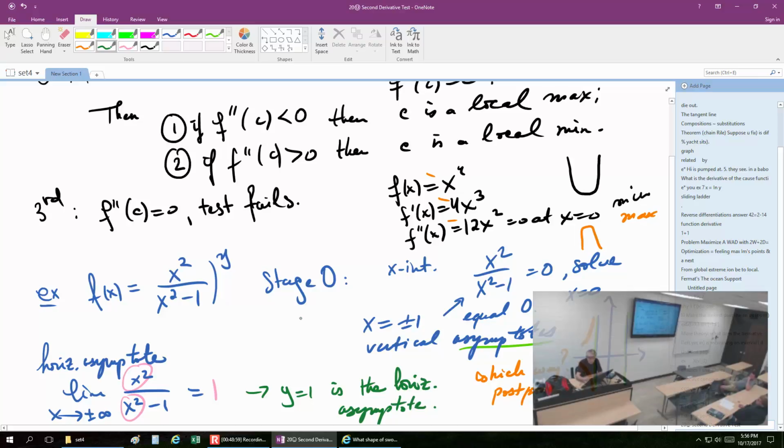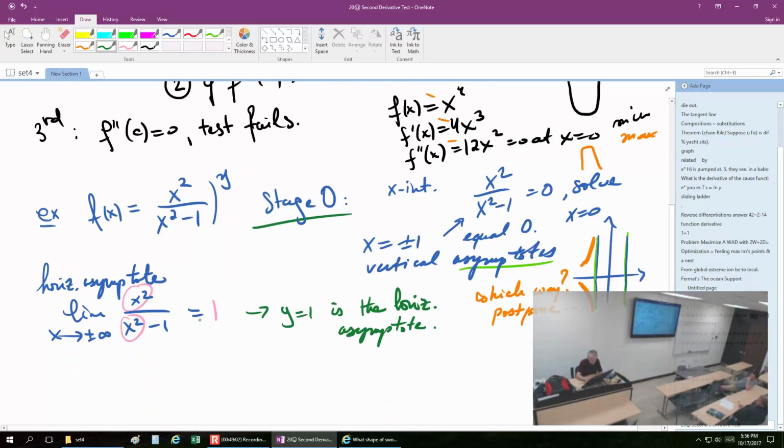Okay, and now we're moving to stage 1, which is the derivative. So we find the derivative first. So f prime of x is the derivative of this fraction. So we've got to use the quotient rule.